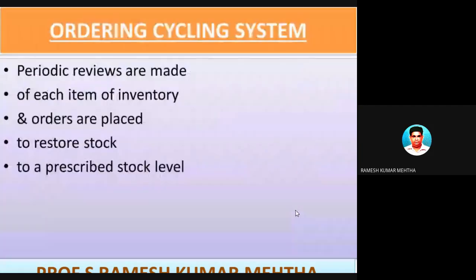The next item is order cycling time. Periodic reviews are made of each inventory, and orders are placed to restore stock to a prescribed stock level. For example, take Pulse chocolate.